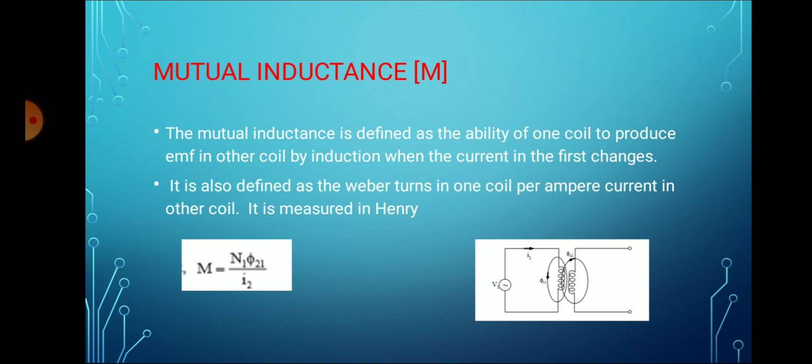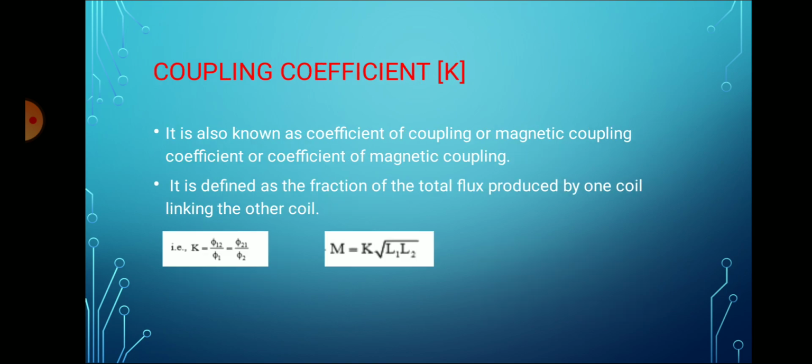Next one is the coefficient of coupling, or coupling coefficient, also called the magnetic coupling. Coefficient of coupling is defined as the fraction of the total flux produced by one coil linking the other coil. K is equal to phi12 divided by phi1, equal to phi21 divided by phi2. So coefficient of coupling K is equal to M divided by square root of L1 into L2.